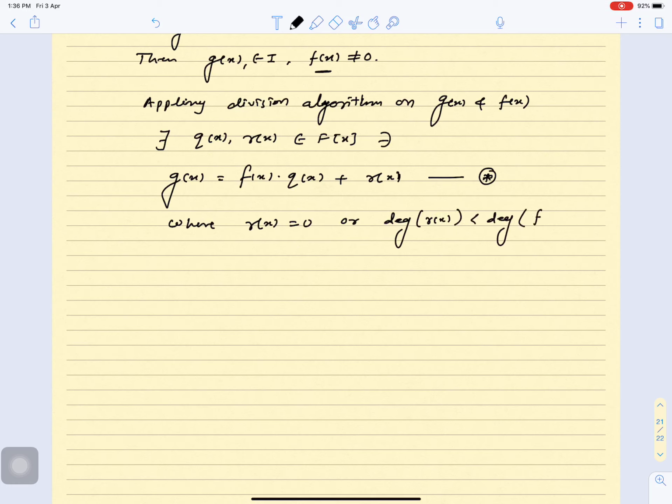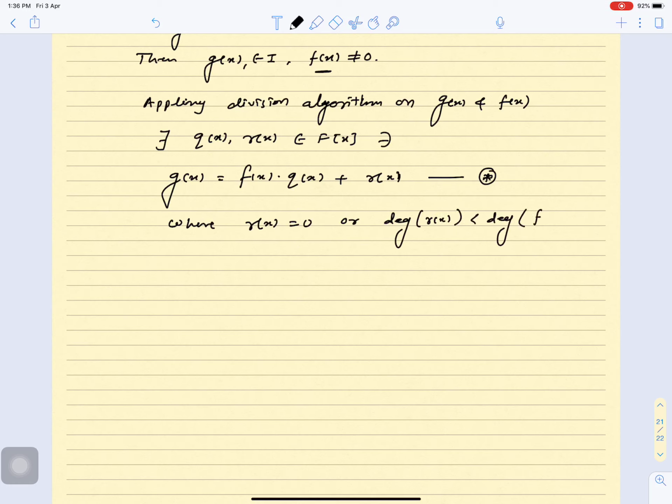Also, from star we have r(x) equal to what? Taking f(x) into q(x) to the left hand side, r(x) is g(x) minus f(x) into q(x).